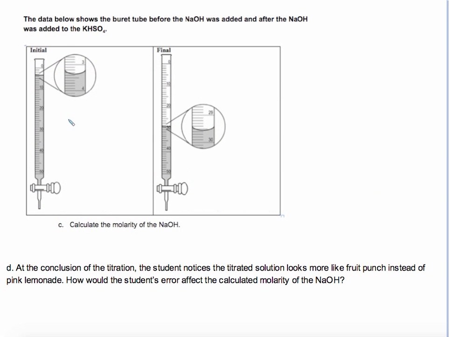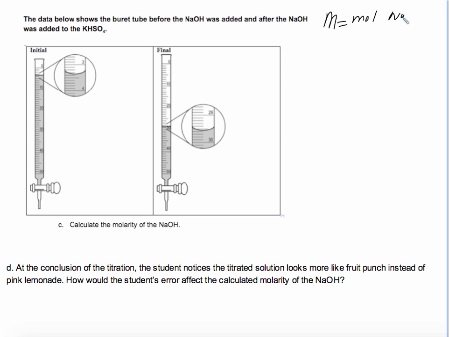All right, here's a classic example of the AP test. They want to see if you can read a burette and do significant digits. So we're going to calculate the molarity of the NaOH. To get a molarity, we need to know the number of moles.